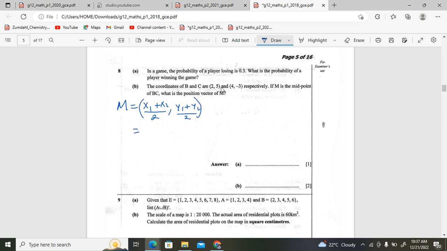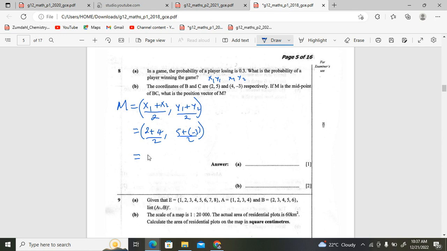So x1, the first x coordinate here, this is x1, this will be y1, this will be x2, this will be y2. So x1 is 2 plus x2 is 4 divided by 2, comma, y1 is a 5 plus y2, that's -3, also divided by 2.